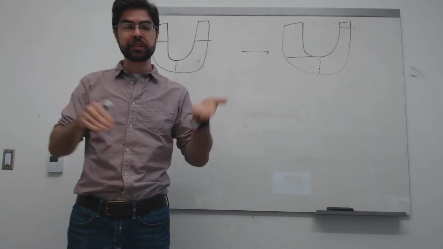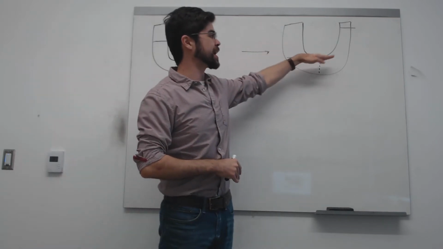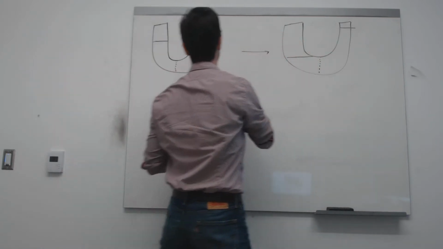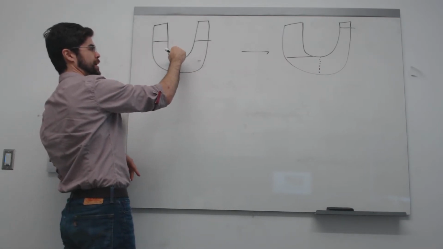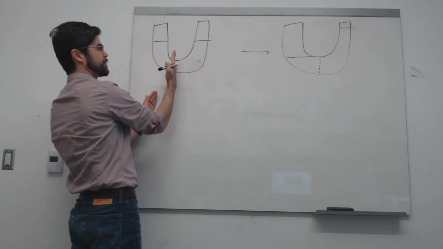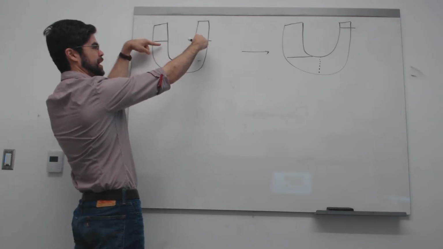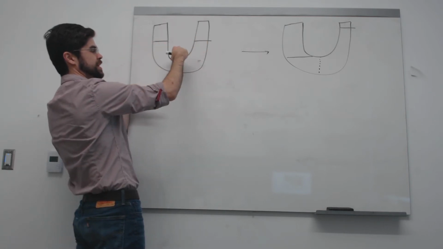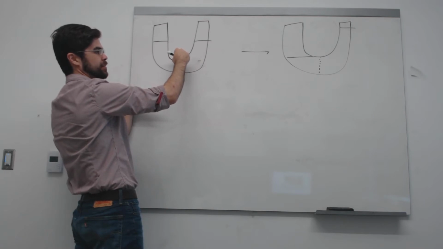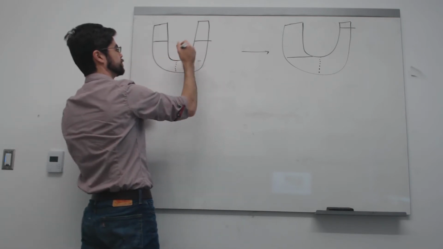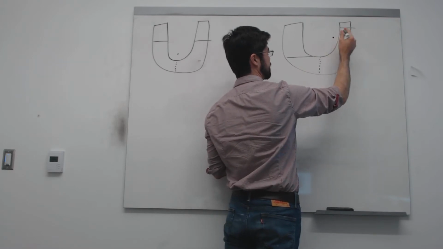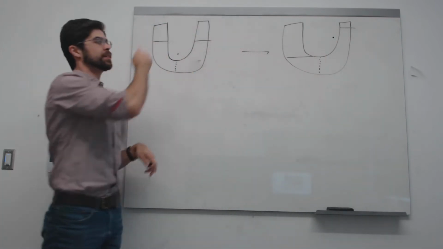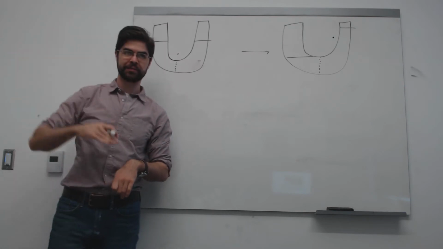Originally the center of mass of the system was right in the middle, taking into account there's some mass here and some mass there. After the reaction has happened, the center of mass is somewhat over here. So the liquid has been lifted up.